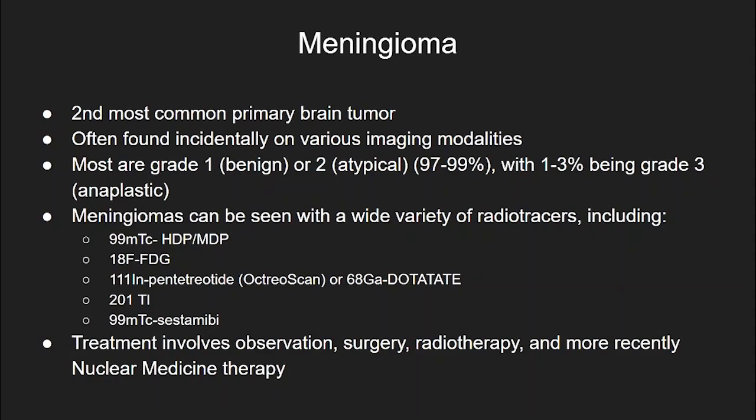Interestingly, given the uptake of dotatate within meningiomas, treatment now not only involves observation, surgery, radiotherapy, but more recently also nuclear medicine therapy, and I'll get to that towards the end of this section.